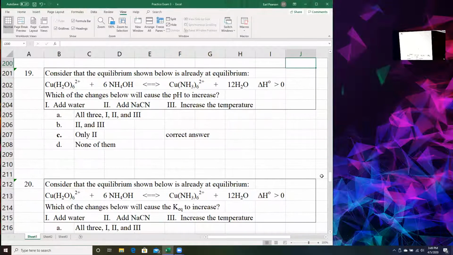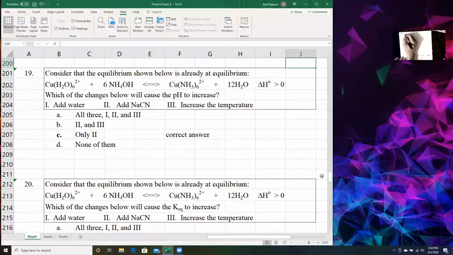There we go. Now I've got an equilibrium, and it's actually a Lewis acid base, a complex ion formation reaction. But we're just looking at Le Chatelier's principle, and we're trying to predict the effect that adding water, adding cyanide, sodium cyanide, or increasing the temperature would have on this equilibrium.